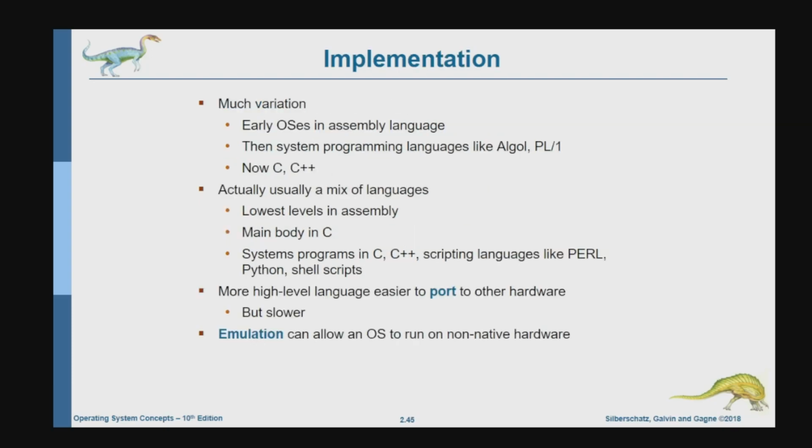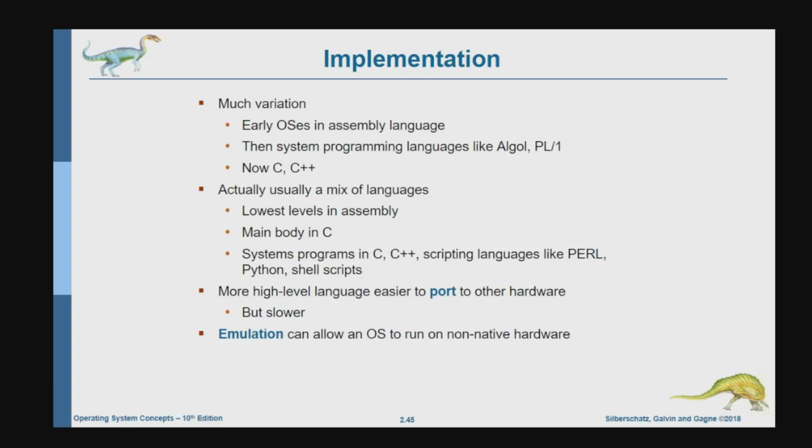Next is about the implementation. The implementation of the OS has many variations. Earlier operating systems were written in assembly language. Assembly language is the earliest for operating systems.